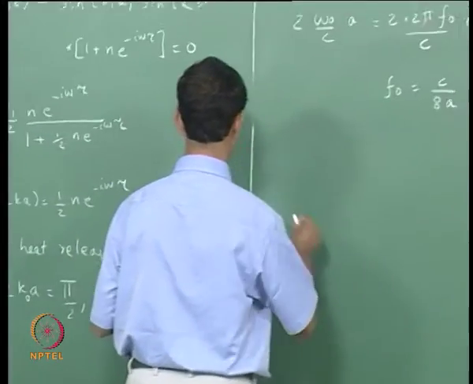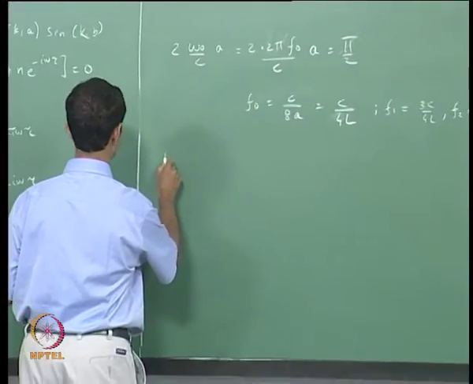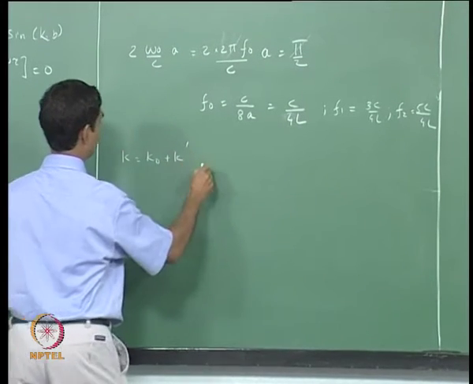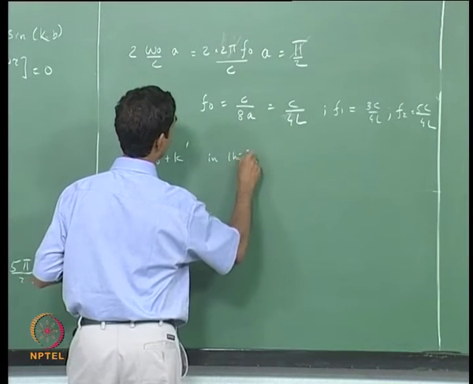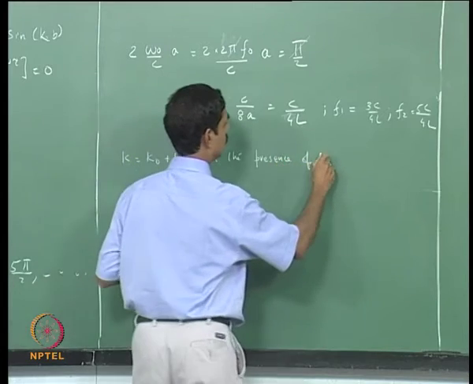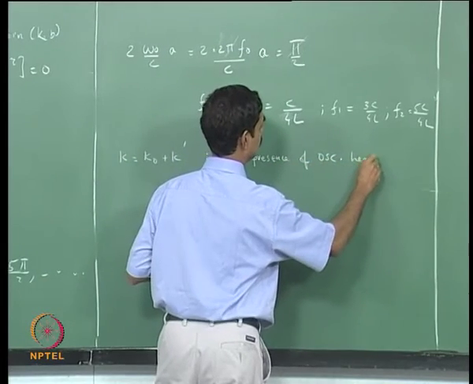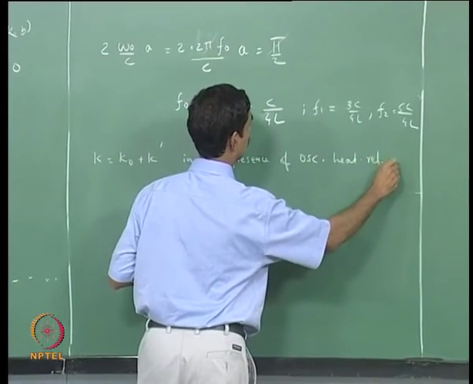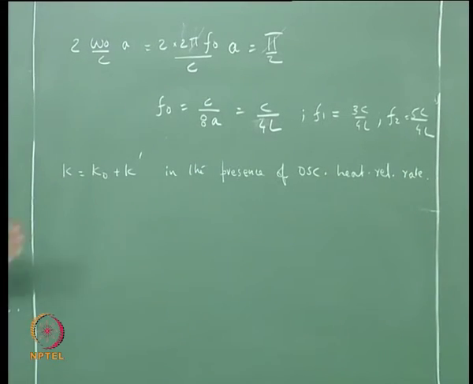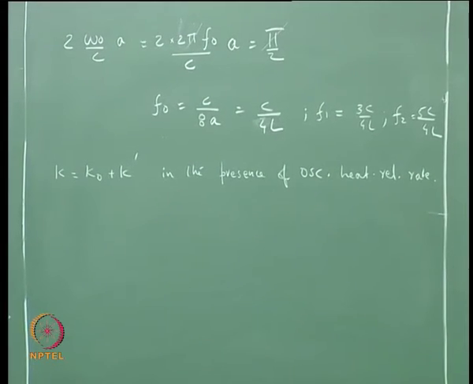So we will say k equal to k naught plus k prime in the presence of oscillatory heat release rate. And we say that n is very small and k prime is very small.